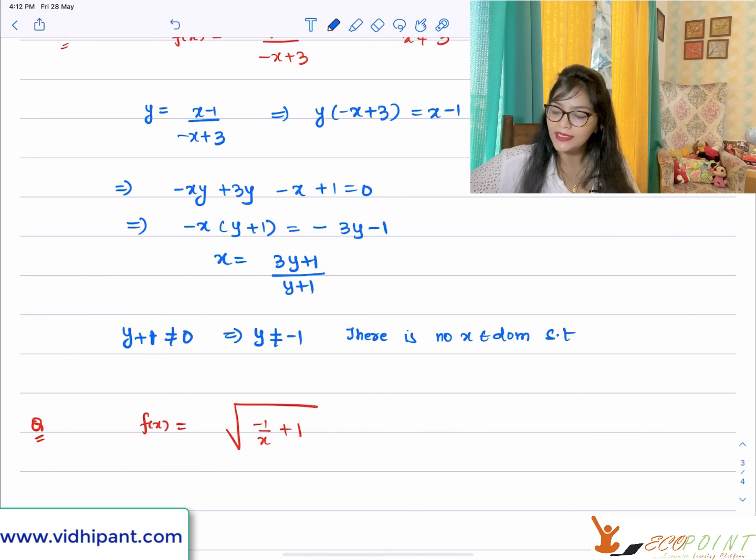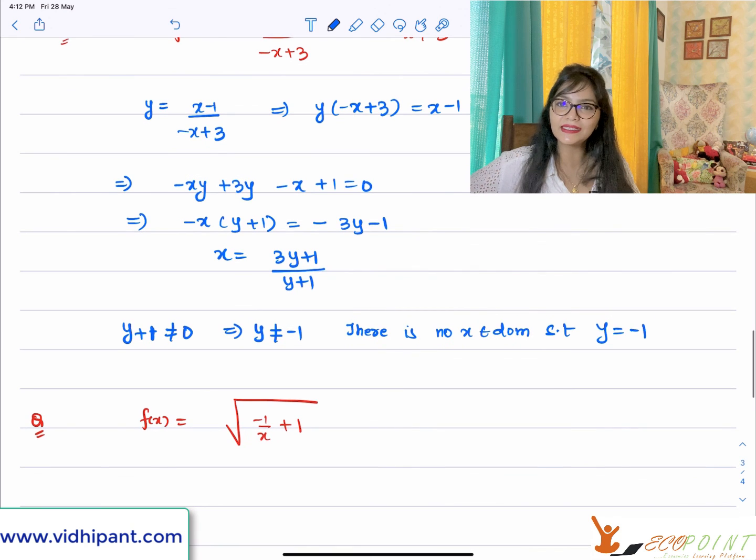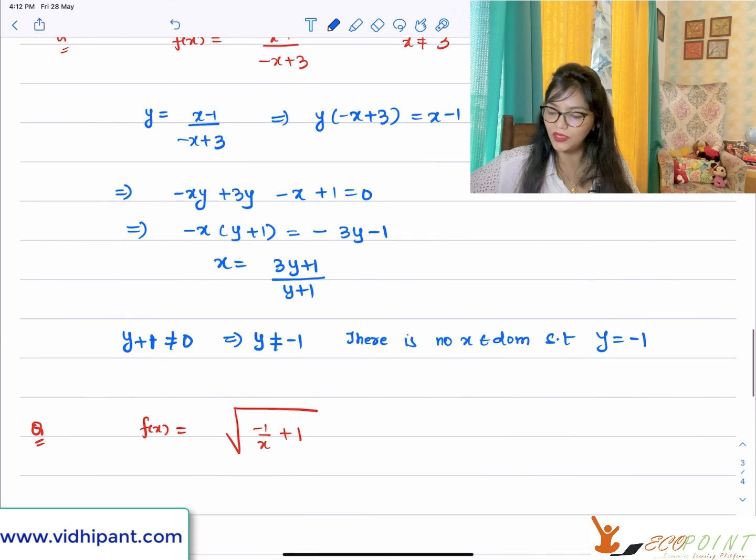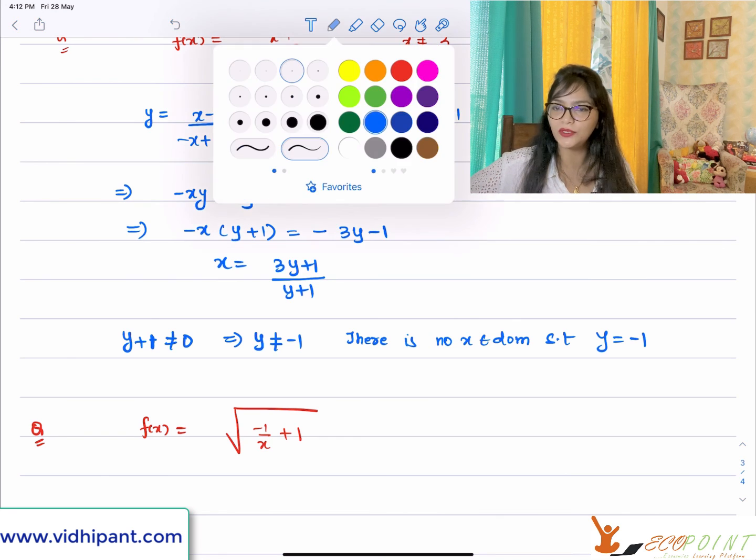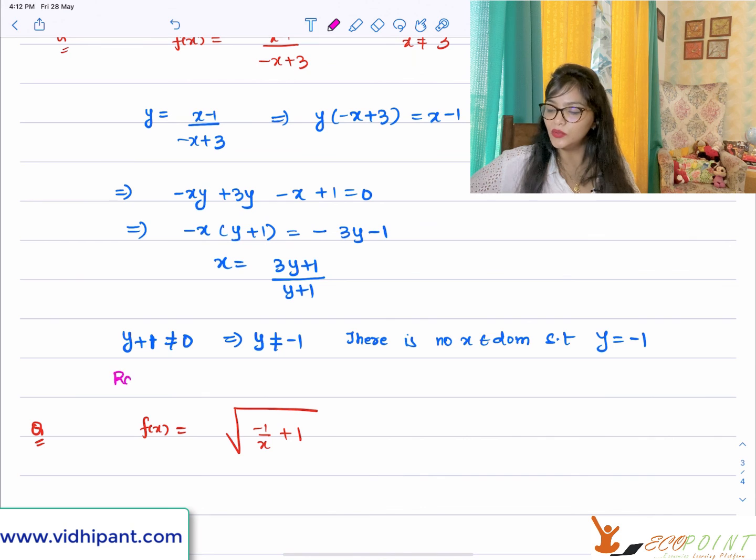There is no x in the domain such that y could be equal to minus 1. The x that you are fetching when y is equal to minus 1 is infinity, and infinity is not a finite number that you can fetch, right? So there is no x in the domain which can lead to f(x) equal to minus 1.